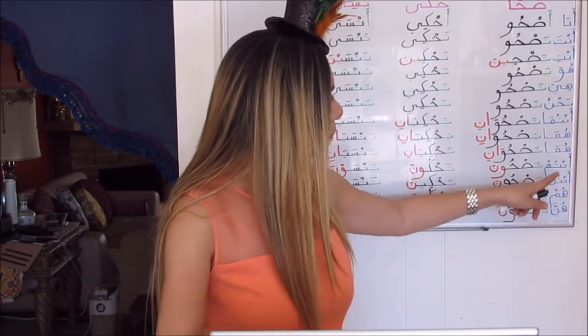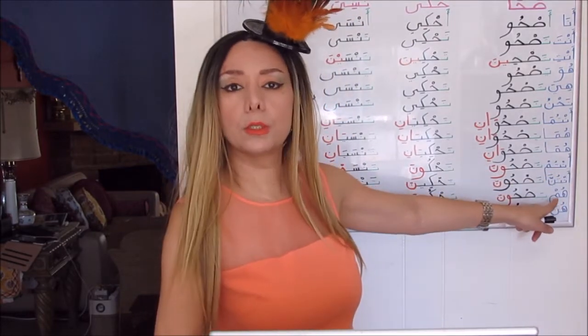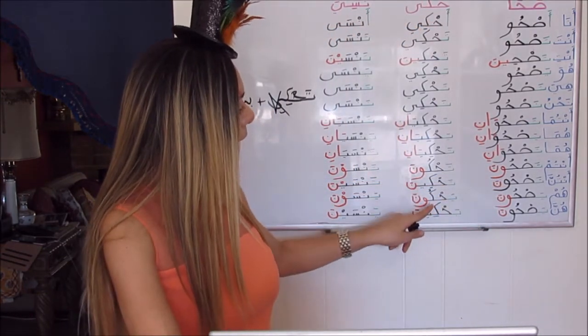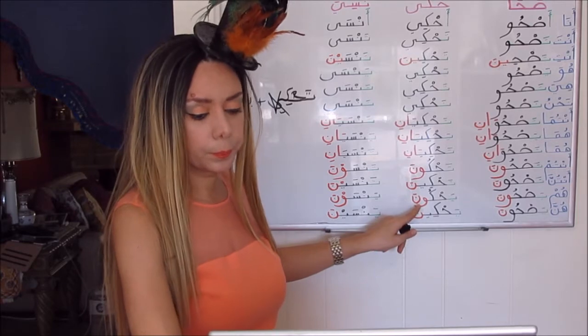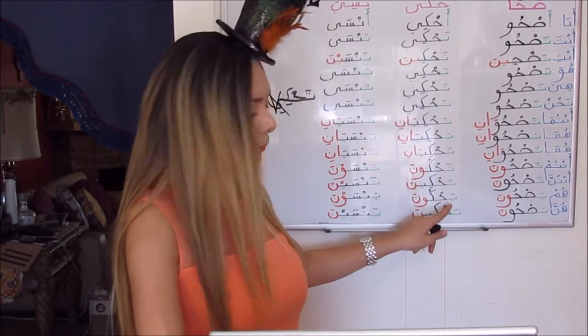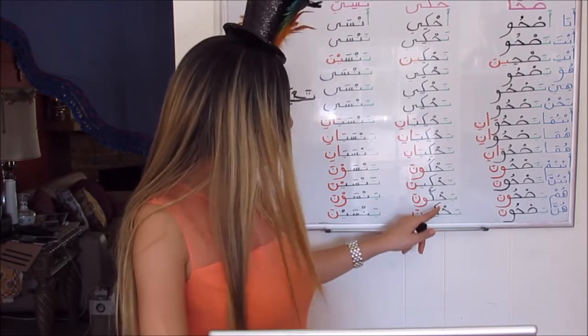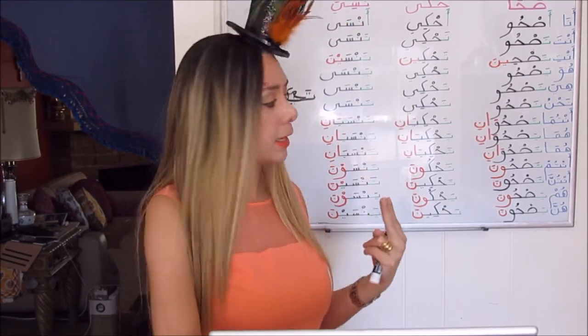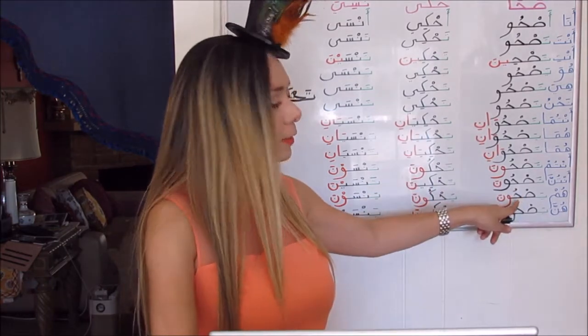For whom, third person plural masculine, would be يحكون. So we have prefix ya and stem ku and the waw and nun, introducing two long vowels, as I have explained with this one.